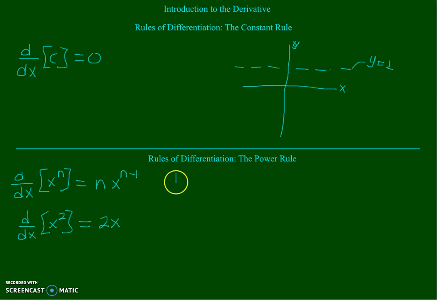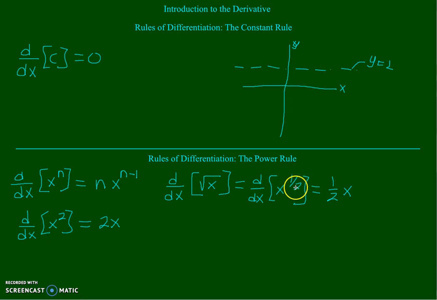Let's try something a little different. Derivative with respect to x of the square root of x. Now, it might be easier to rewrite this as a rational exponent. So this is the derivative with respect to x of x to the 1/2. And that's going to be, we pull down the exponent, so 1/2 x, and we subtract 1 from the exponent.